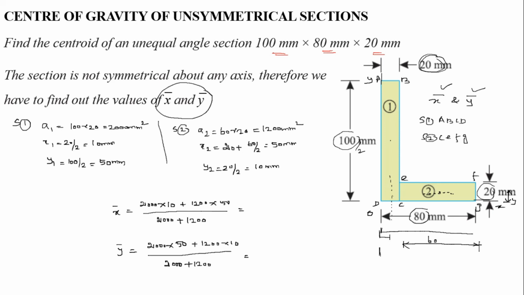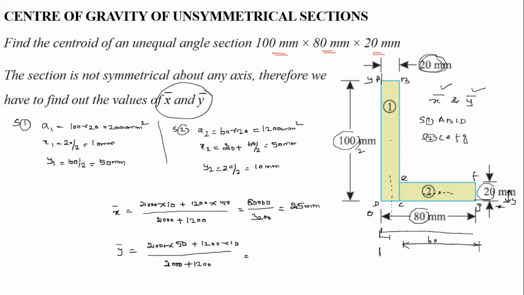So 2000 into 10, 20,000, plus 1200 into 50, 60,000, so 80,000. Divided by 2000 plus 1200, 3200. So 80,000 divided by 3,200 is equal to 25 mm for x bar.